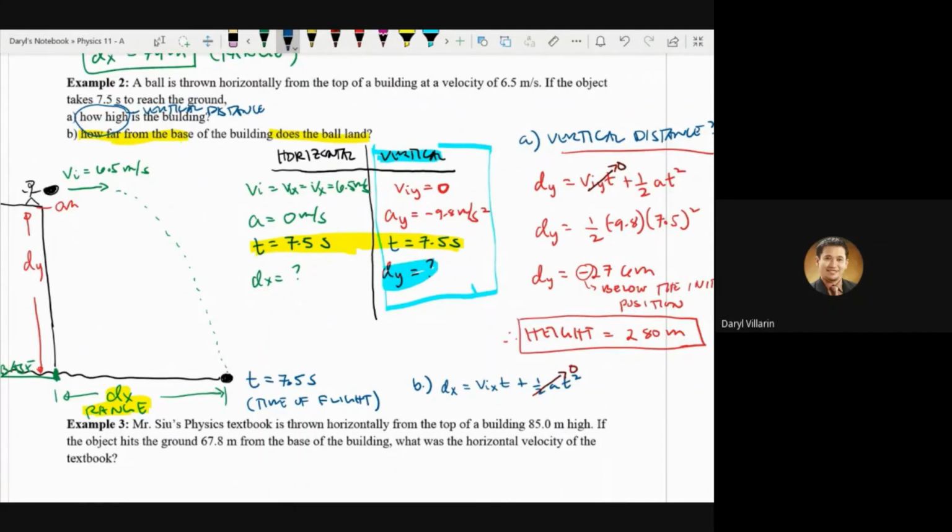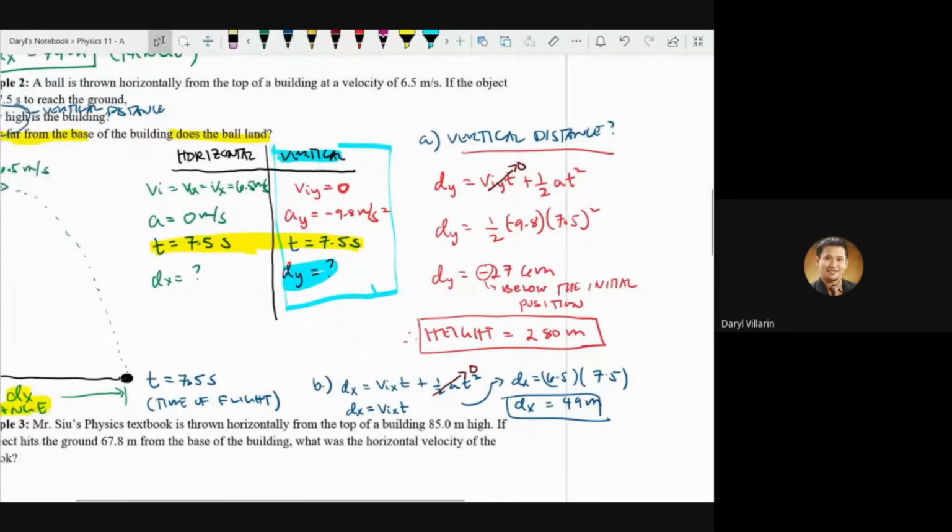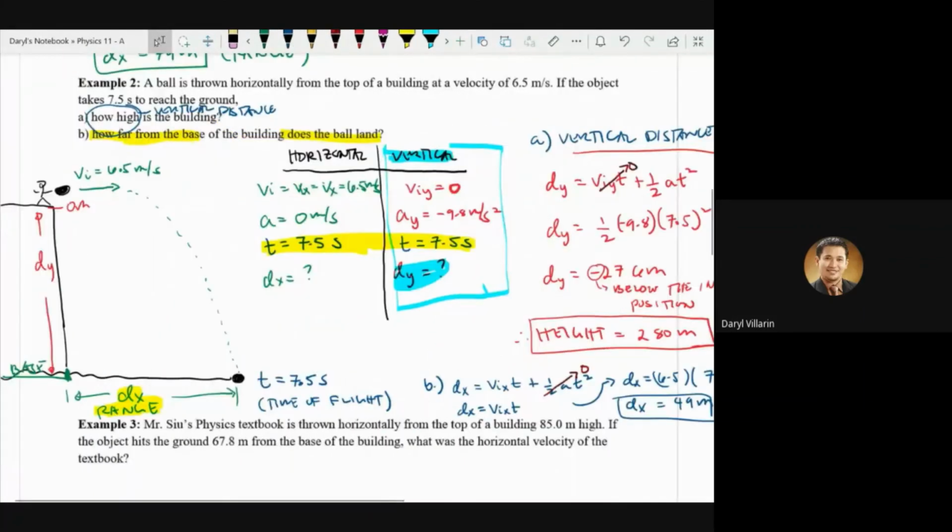So essentially, for the equation of motion, you're just dealing with VIX and the time. So dx is equal to 6.5 multiplied by 7.5, which is around 49 meters. So the range is 49 meters. That's how far the ball is from the base.